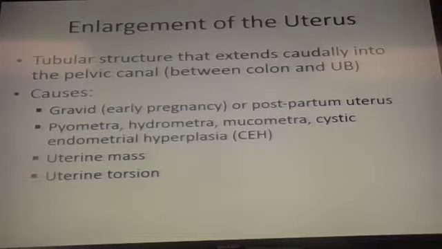CEH is in the wall. Pyometra is in the lumen. So what would be the next step to determine which is which? Ultrasound. Because on regular radiographs, both of them are going to look the same. So let's not look at a uterus enlarged and then say, okay, we want to spay the dog. Especially if it's a breeding pet. Move to ultrasound and determine which is which.